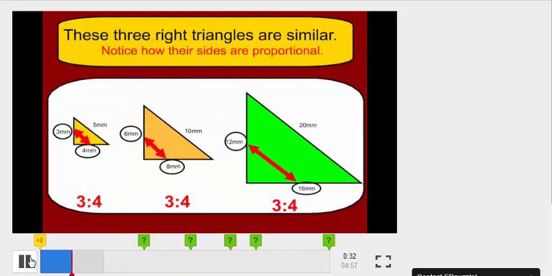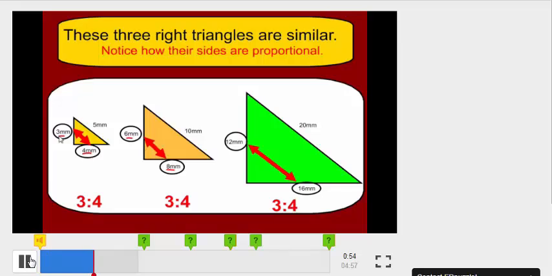So here we have three similar right triangles. They all have the same shape, and they are similar. The way that we know that they're similar, if you look at their sides, is that the smallest one has a ratio of 3 to 4 when you're comparing these two sides. The ratio of the middle size right triangle is 6 to 8.